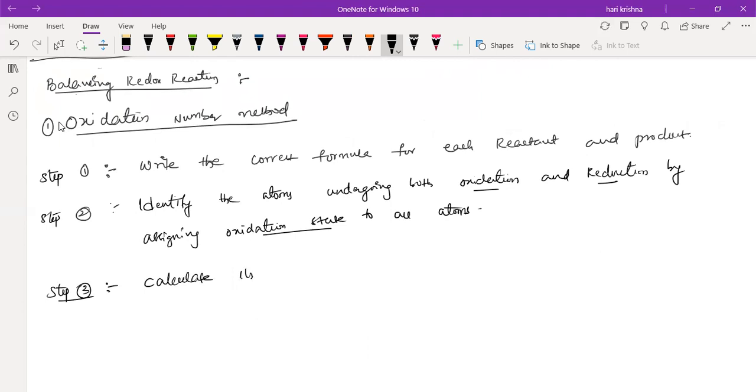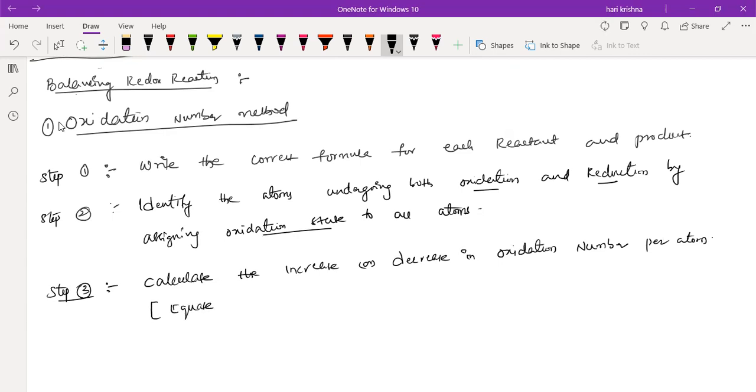Calculate the increase or decrease in oxidation number per atom, and we should equate both.